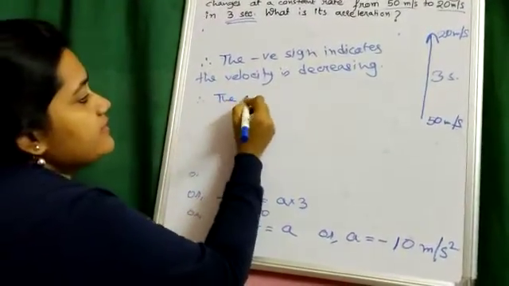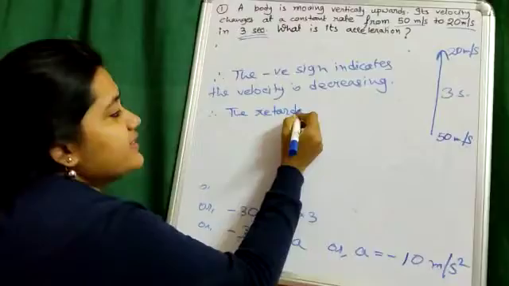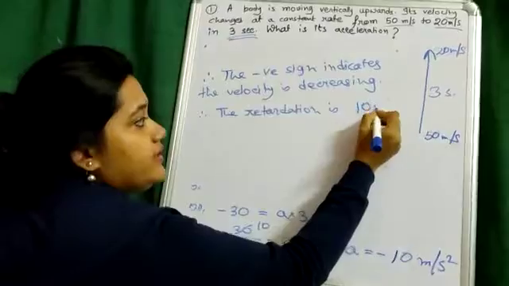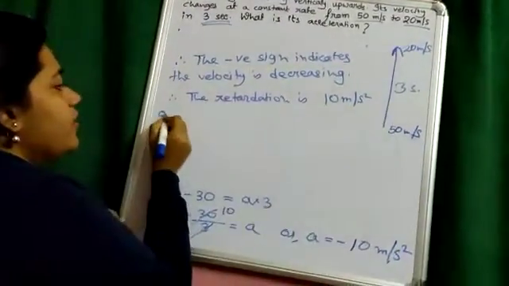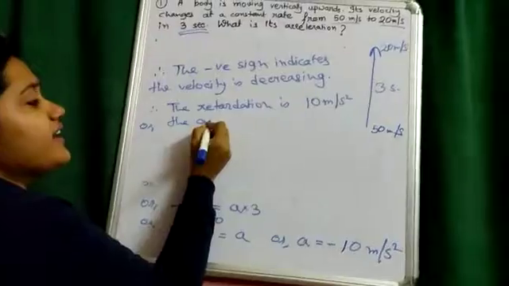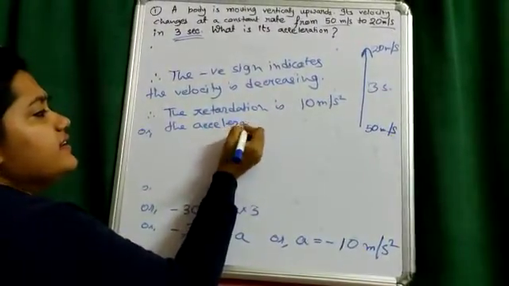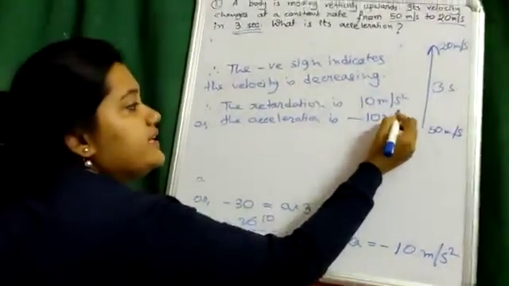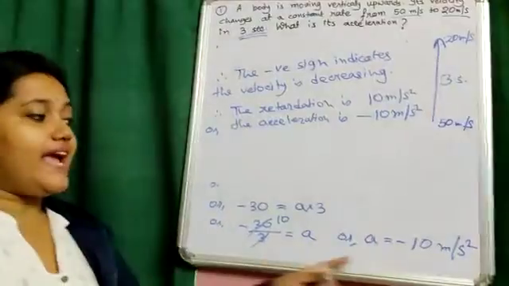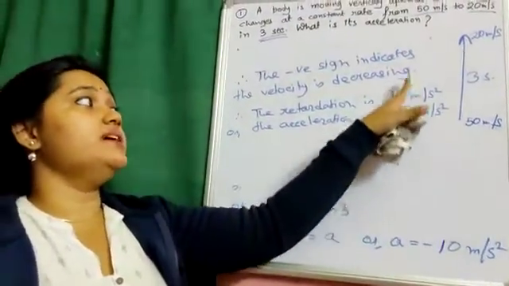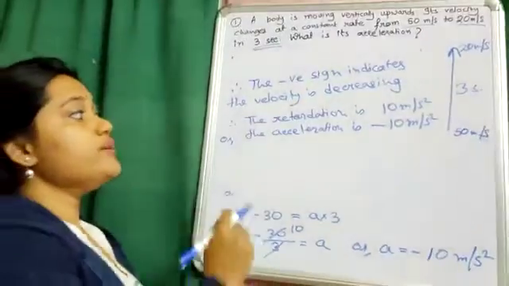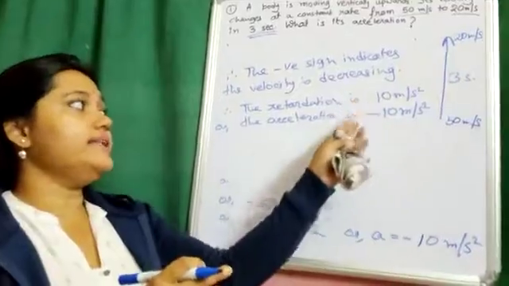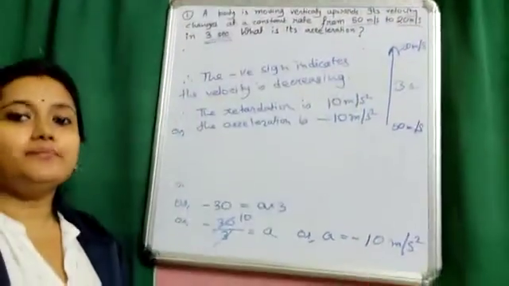Therefore, the retardation is 10 meter per second square, or the acceleration is minus 10 meter per second square. If we are using the term retardation, it already represents the negative sign. That's why retardation is 10 meter per second square.